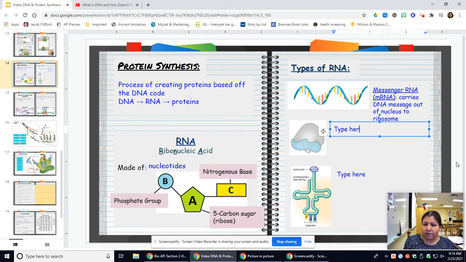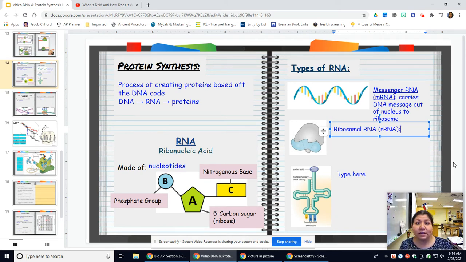So this little blob right here, and when I draw this, I usually draw it looking like a muffin, is actually called ribosomal RNA, abbreviated as rRNA. And you'll notice that whenever I'm writing mRNA or rRNA, the first letter is lowercase and RNA is capitalized.